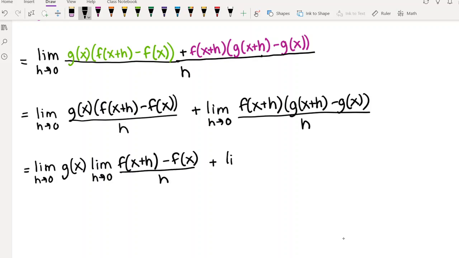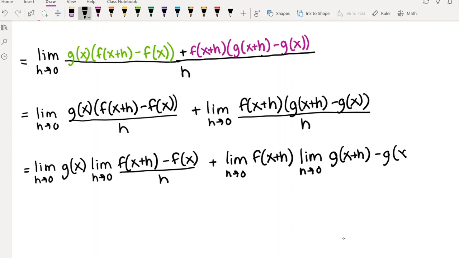And we can change this one to the limit as h approaches 0 of f of x plus h times the limit as h approaches 0 of g of x plus h minus g of x over h. So does anything look familiar here?